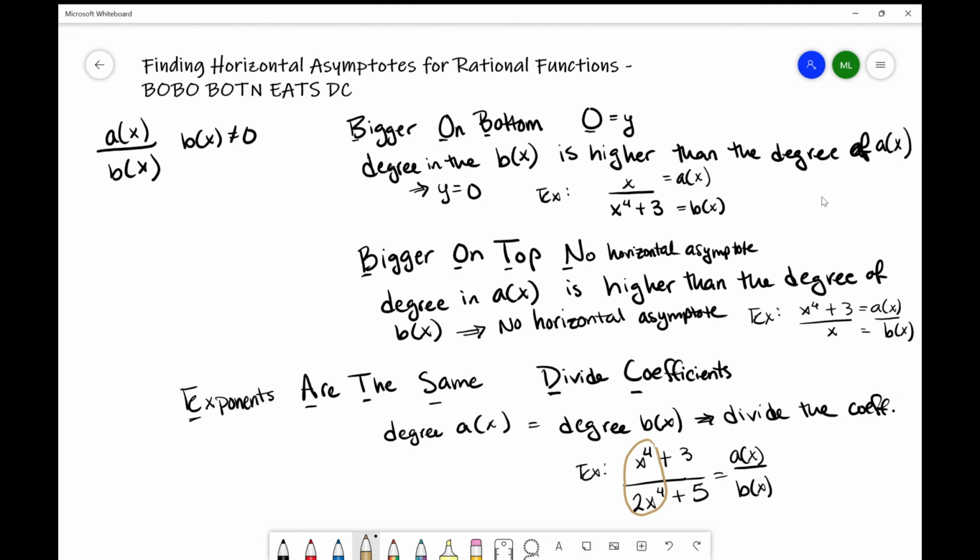There's a 1 in front of our x to the power 4, because when there's nothing in front, the coefficient is 1. And then we have 2. So to divide the coefficients, the DC part, it's just 1 over 2, that's just 1/2. So our horizontal asymptote would be at 1/2 in this instance.